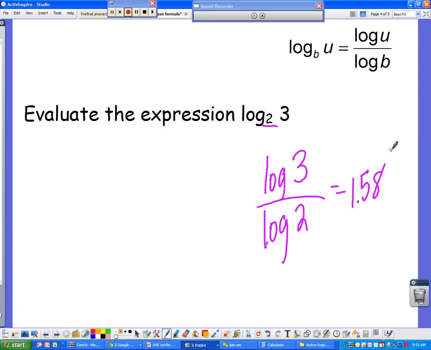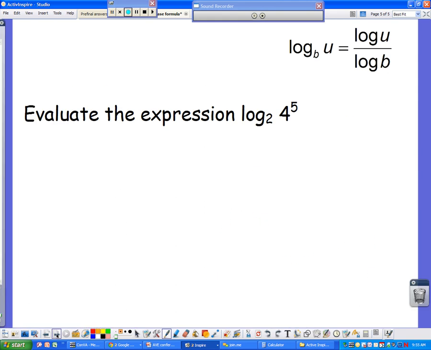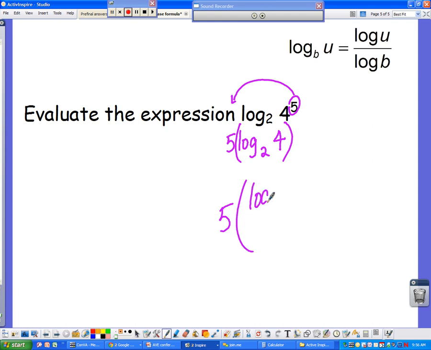Okay? All right. The next one, there's a couple ways that you could do this. What we're going to do is expand this, and remember, when we have exponents, they always come out front. Okay? So we get log base 2 of 4. So if you do your expand, we have to take care of the log here. So we're going to do 5 times log of 4 on top.